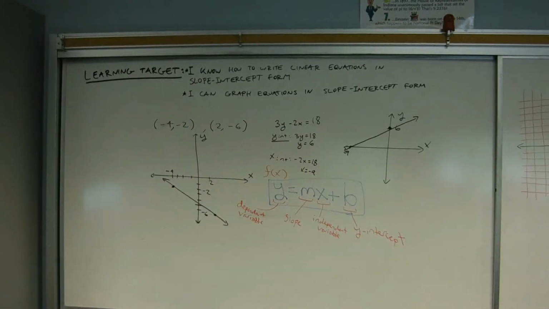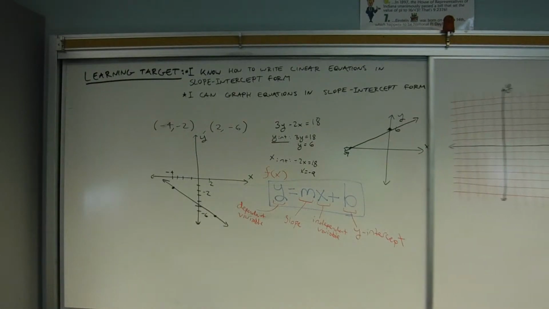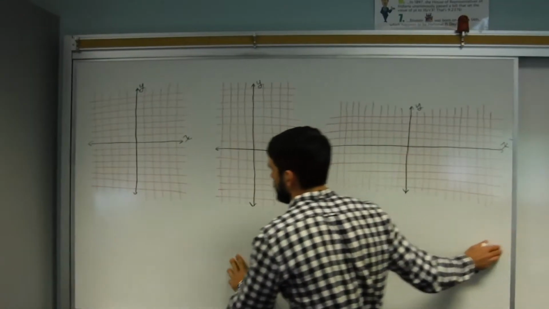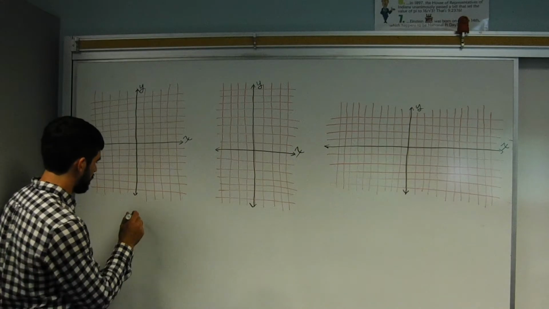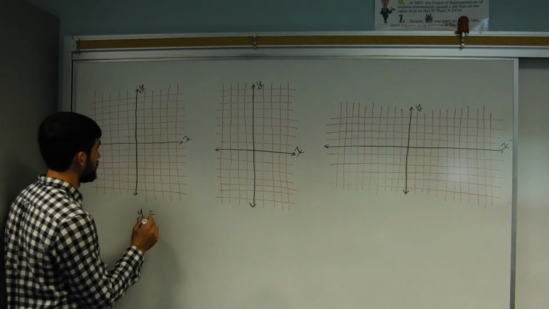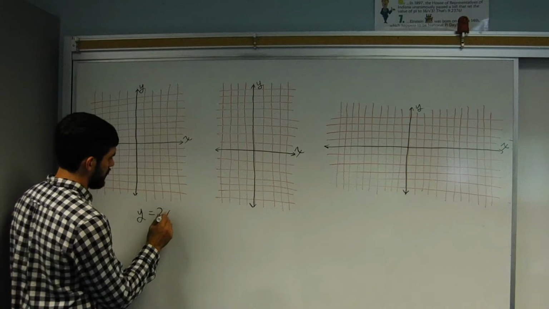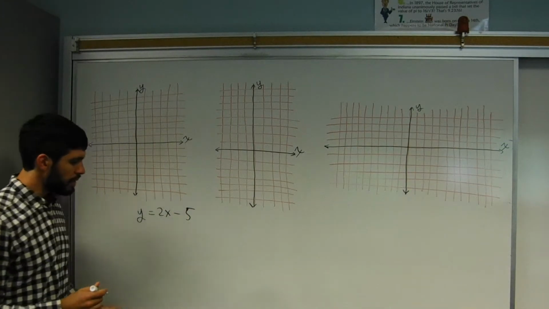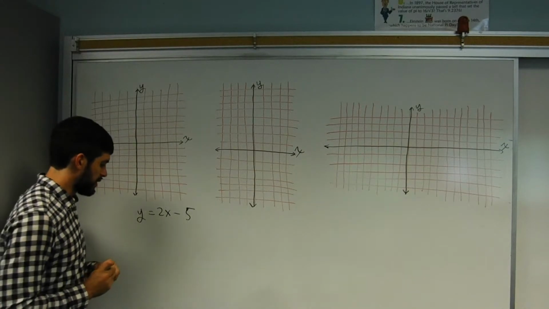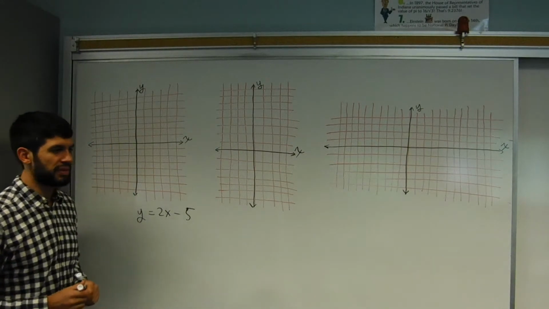Here we have some nice graph boards. So let's graph y is equal to 2x minus 5. The first step is to identify what our y-intercept is.